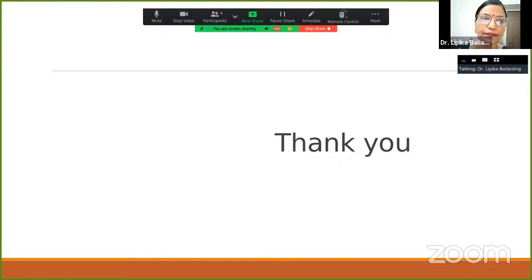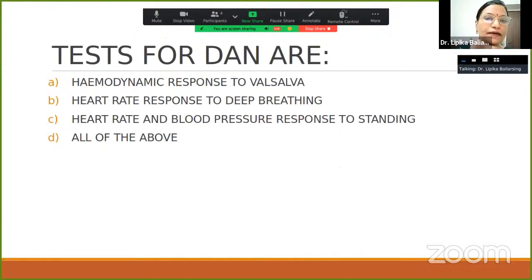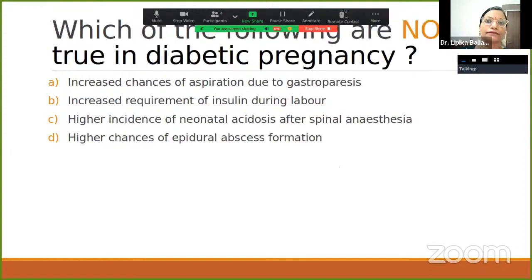Coming to a few MCQs. The tests for autonomic neuropathy are: hemodynamic response to Valsalva, heart rate response to deep breathing, heart rate and blood pressure response to standing, D, all of the above. Here the answer is all of the above, as we have discussed in detail. Which of the following are not true in diabetic pregnancy?